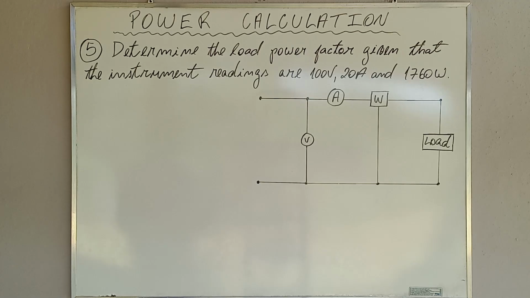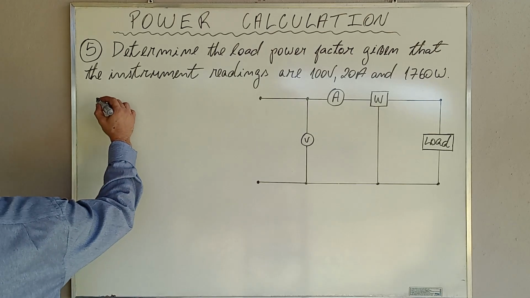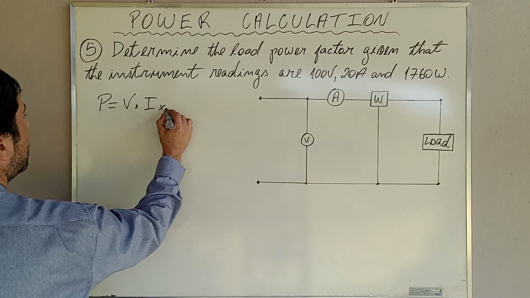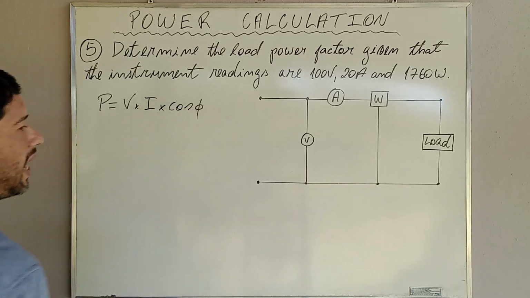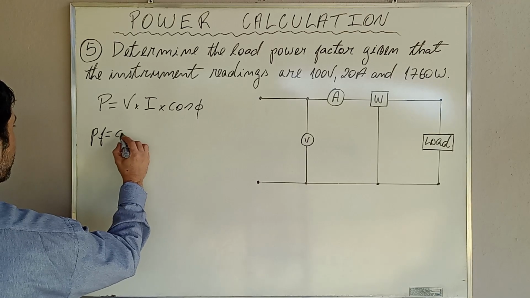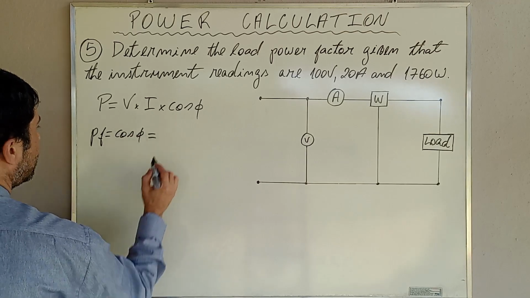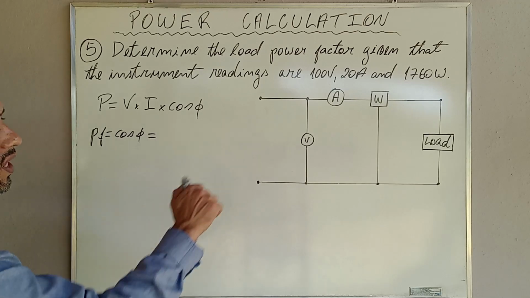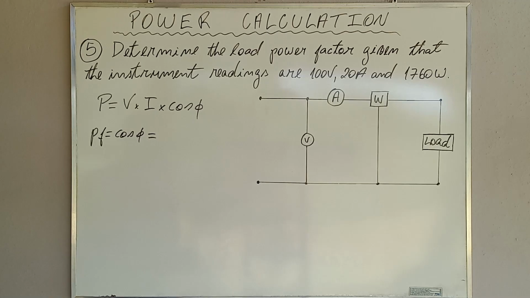It requires only the use of the following expression. P is equal to V times I times the cosine of the angle. And the cosine of the angle is exactly what we want. We want the power factor of the load, which is equal to the cosine of the angle, and we can calculate using the values that the exercise provided.